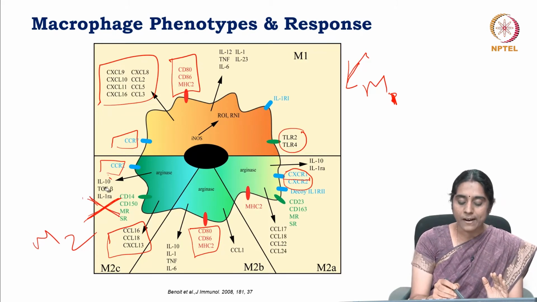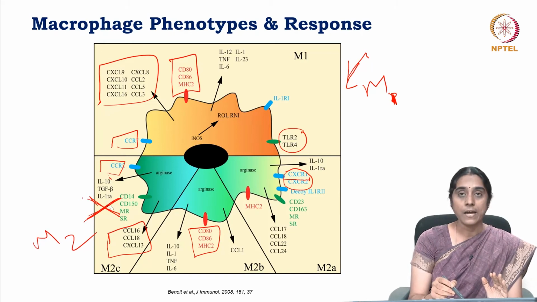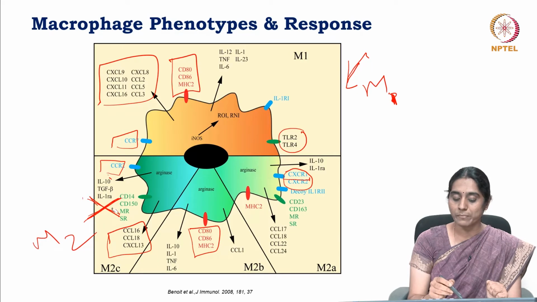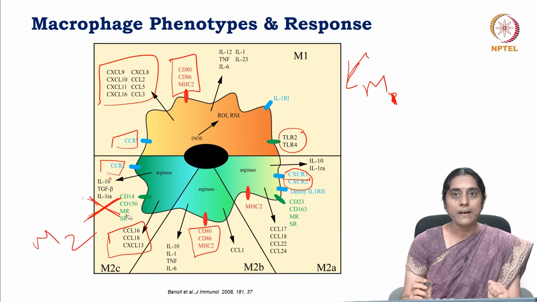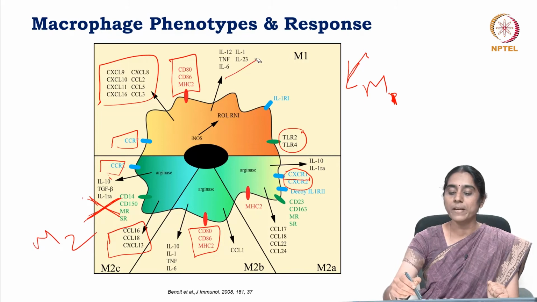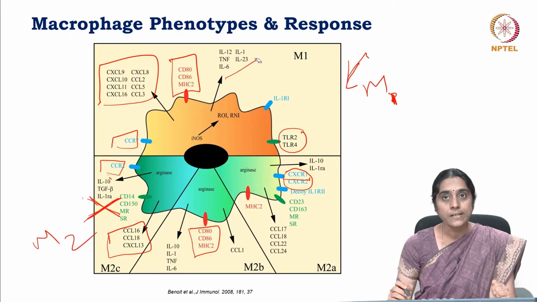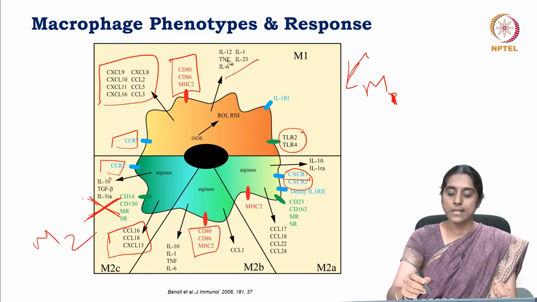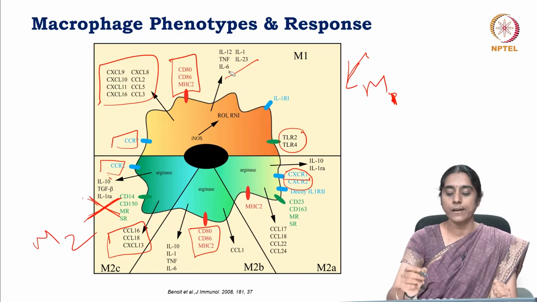Here you can see that the cytokines IL-10, TGF-beta, IL-1RA, which are mostly anti-inflammatory, are secreted by the M2 phenotype, while here it is pro-inflammatory cytokines that are secreted in higher quantities, like IL-12, TNF-alpha, IL-6, etc.